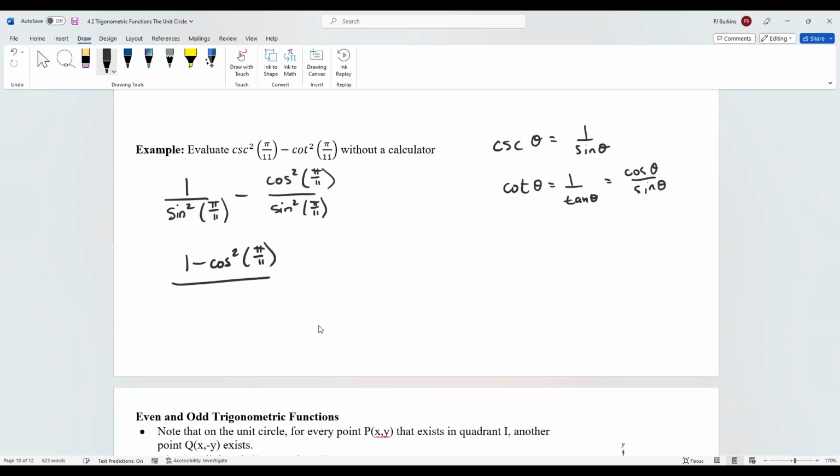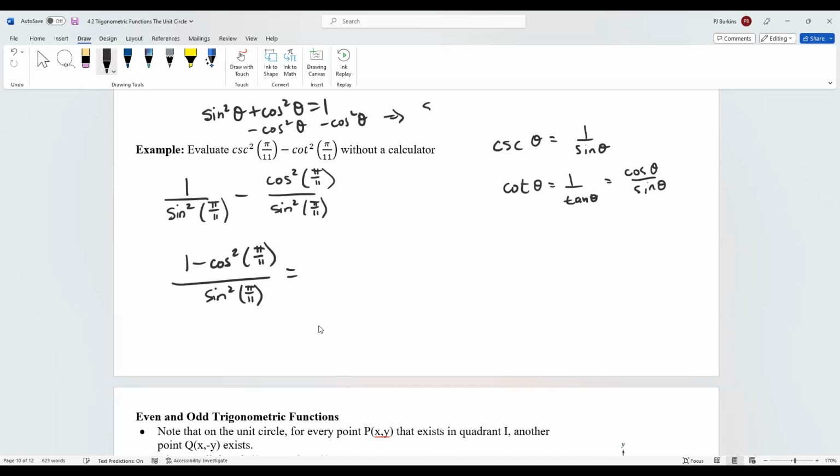And you might be thinking, oh no, I have no idea what cosine or sine of pi over 11 is. But don't fret. The Pythagorean identity said sine squared of an angle plus cosine squared of an angle is 1. And I can rearrange this and it's still true. So I can subtract the cosine squared from both sides.